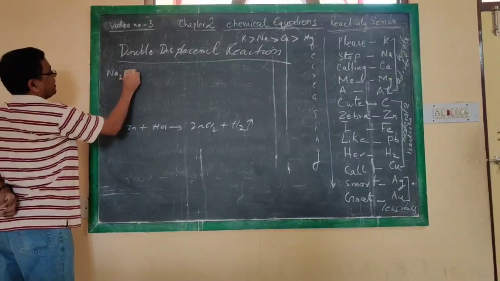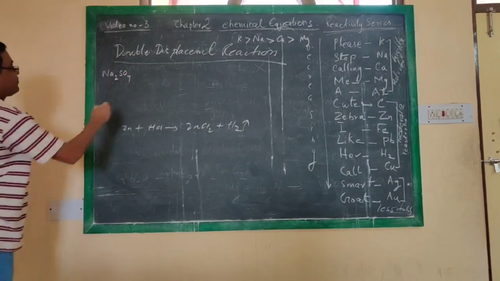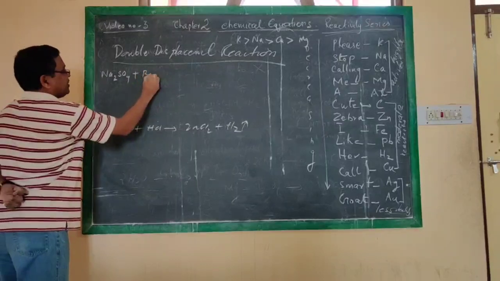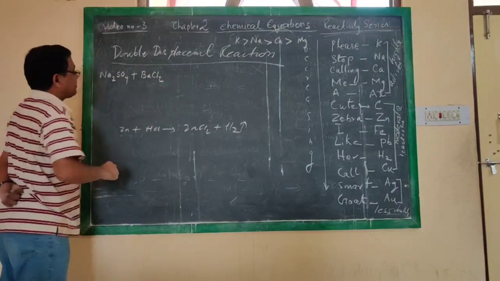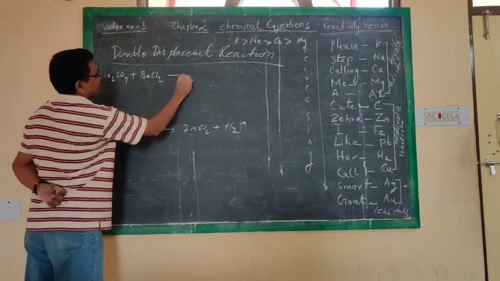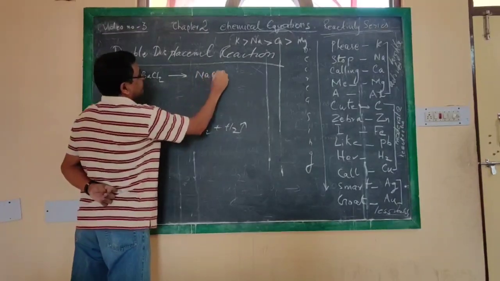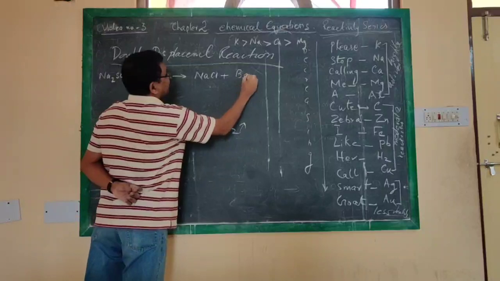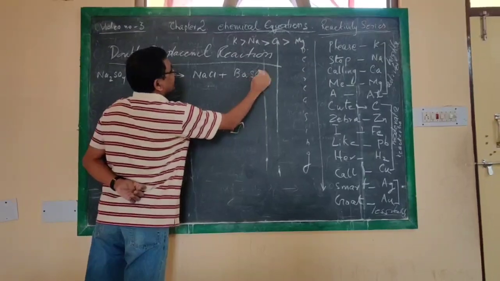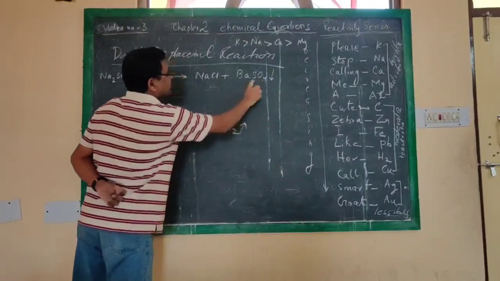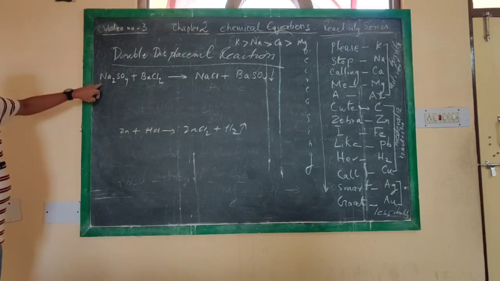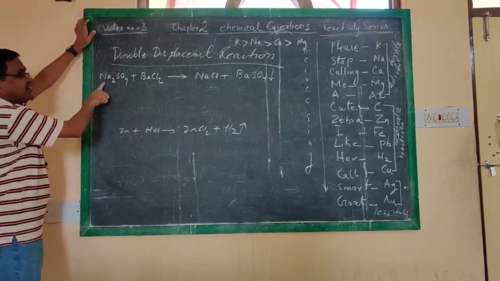Sodium sulfate, that is Na2SO4. Let us make it react with barium chloride, which will give you sodium chloride plus barium sulfate. We have already seen this activity earlier. This is a precipitate. Now see this, what is happening here?